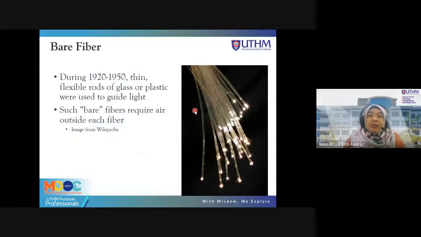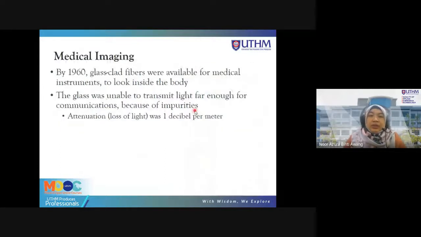This fiber requires air outside it. We also used glass-clad fiber in 1960 for medical instruments to light inside the body. The glass was unable to transmit light far enough for communication because of impurity loss, meaning we had a large loss because the bare fiber has air outside the glass.